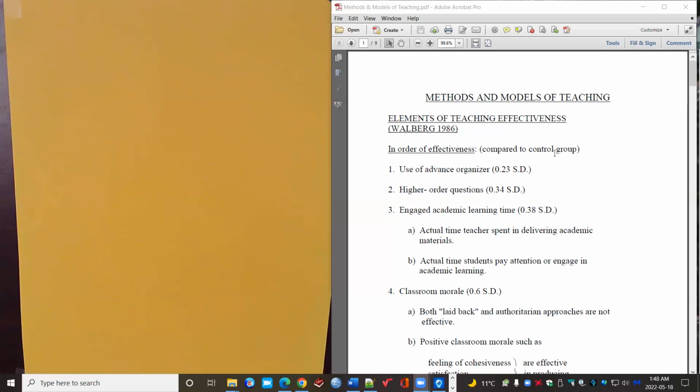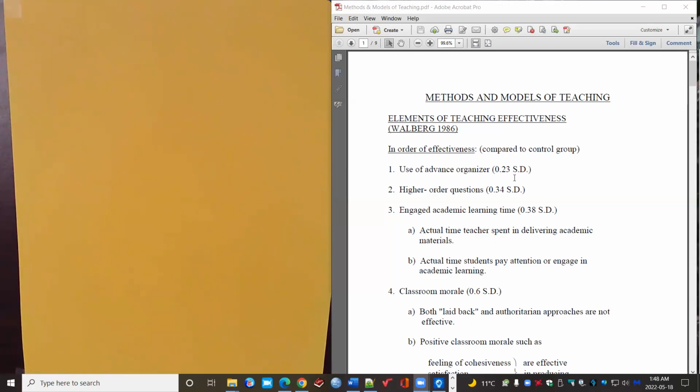Right? The control group was not given advanced organizer. Okay, so here we are talking about results of controlled experiments, all right? So based on a huge amount of data.